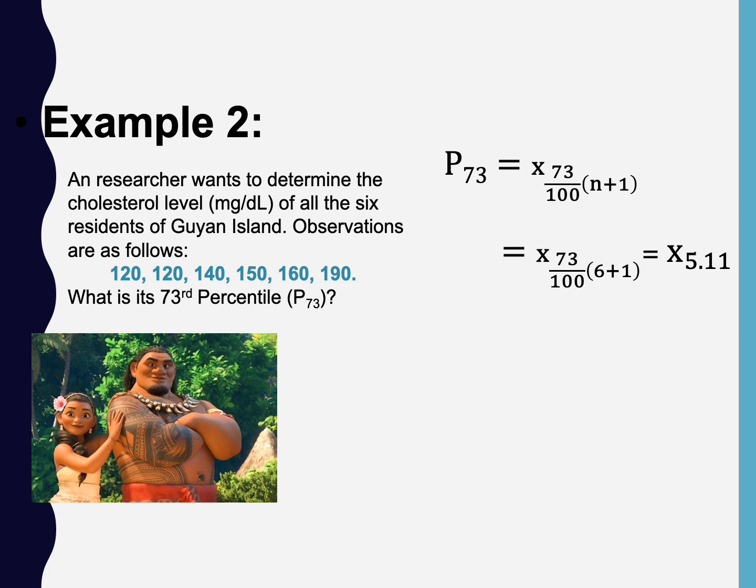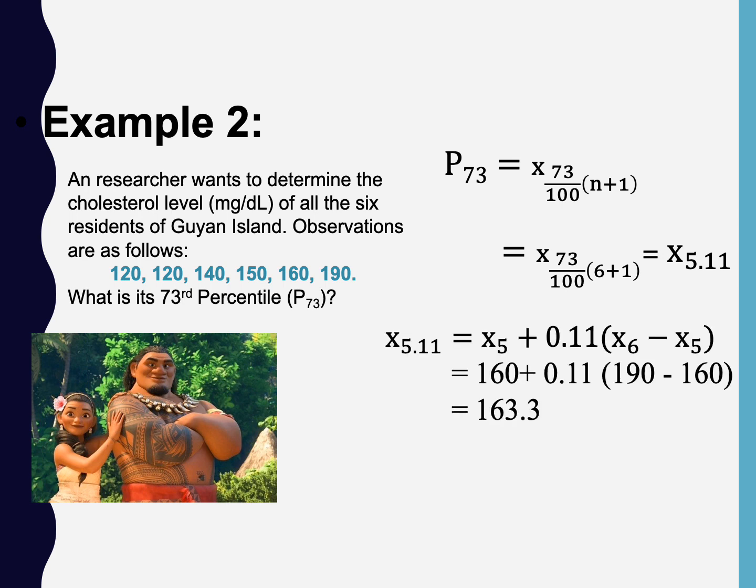Using the alternate solution again, since the decimal part is not half or 0.5, isolating the fifth position, it is 160 plus the decimal part, which is 0.11, times the difference between the sixth data, which is 190, minus the fifth data, 160. That will give us the value 163.3. So the 73rd percentile is equivalent to 163.3.